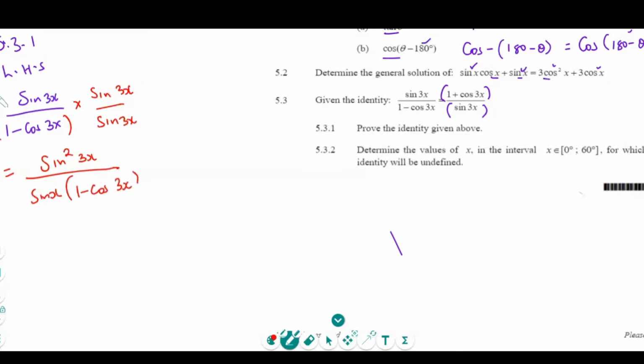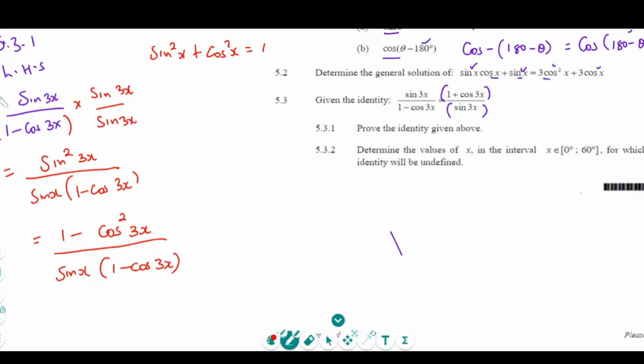I know from the identity sine squared x plus cos squared x is equal to 1, which means my sine squared can be written in form of cos, which is 1 minus cos squared of the same angle, over sine 3x into 1 minus cos 3x.